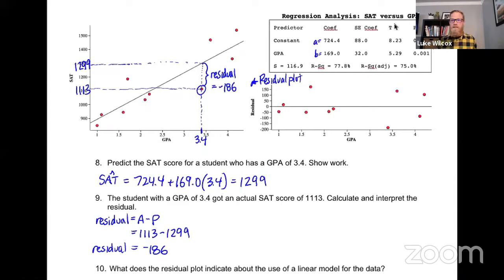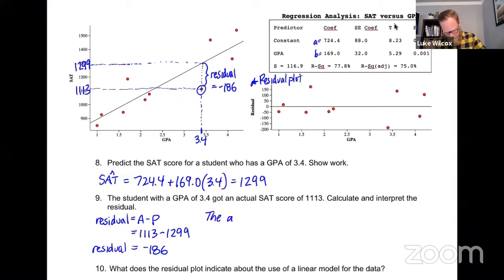And why is it negative? Well, that's because the actual value was less than the predicted value. And you can see that because that dot is lower than the line of best fit. So when we interpret the residual, we need to make note of that. So here's how we're going to interpret this.